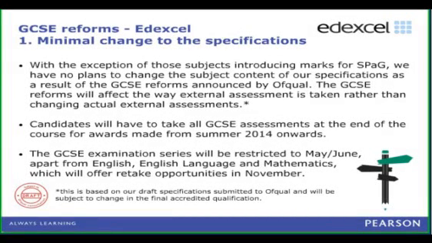So the reforms will affect the way the assessment is taken, in that everything is taken at once, but not changing the style of the examination, the style of the questions, not changing the content in the specification. Again, it's everything done at once from summer 2014, and it will be a summer examination for statistics, only English and maths go in November.